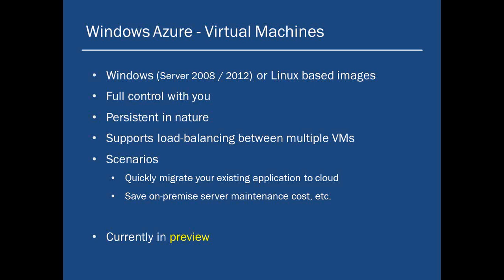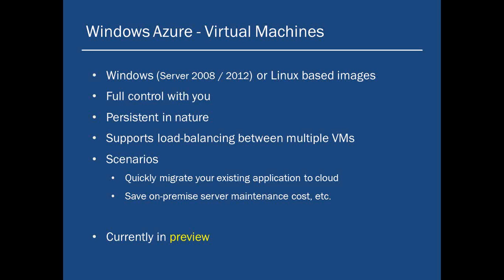You package your existing application as a web role or a worker role, depending upon the type of application, and host it on the Microsoft Azure platform as a service component. But you will not have more control over the VM, and it will take some time. You need developer support to do that.